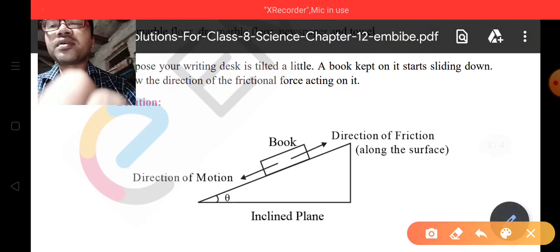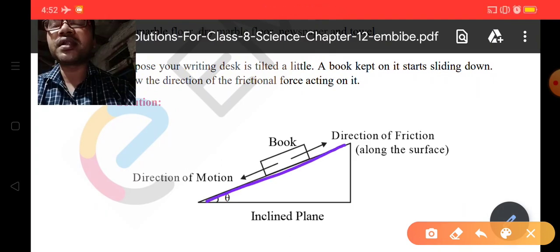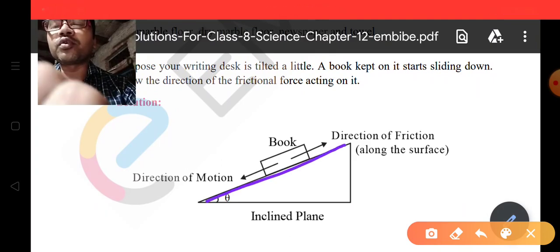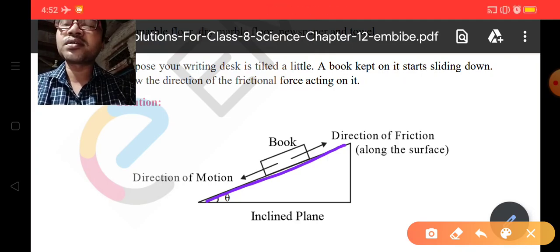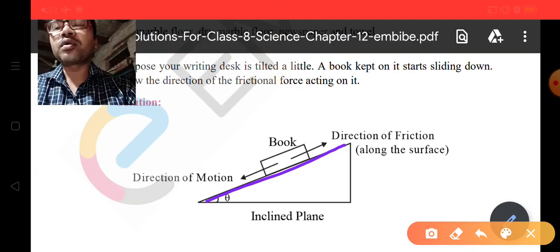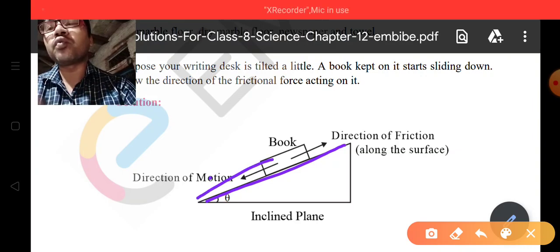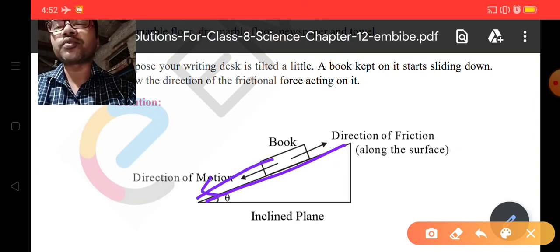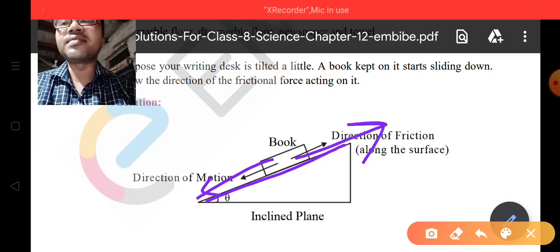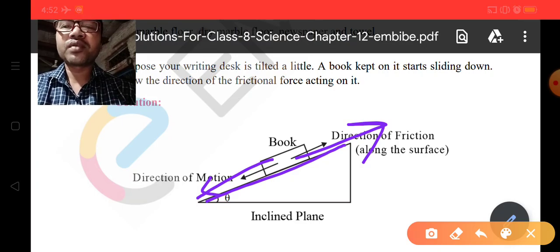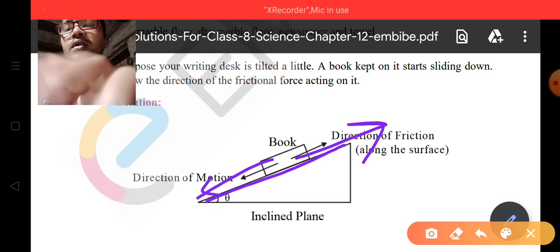You can see here, this is your desk, it is tilted, and then a book is placed on that tilted surface. Now if the book slides downward, then friction is always opposite to the motion, that is upward, and tangential to the surface of the tilted desk. Okay, so you can draw this diagram.